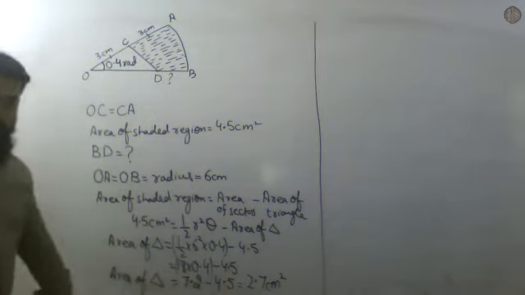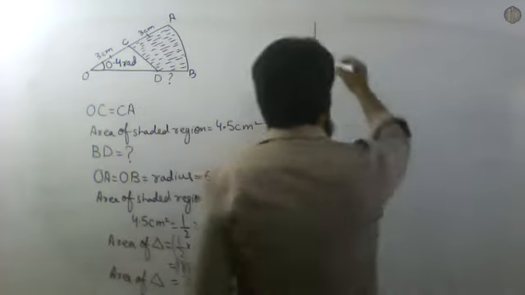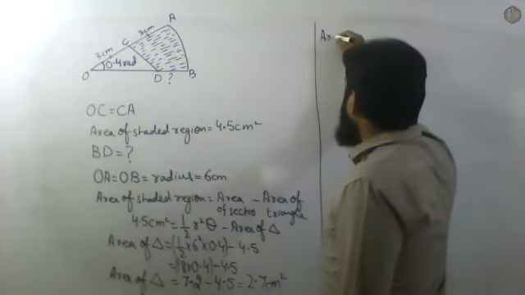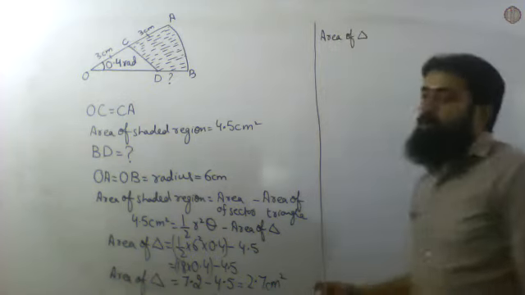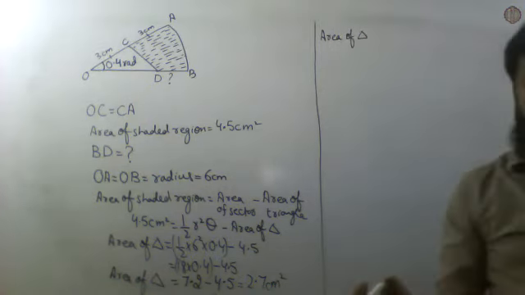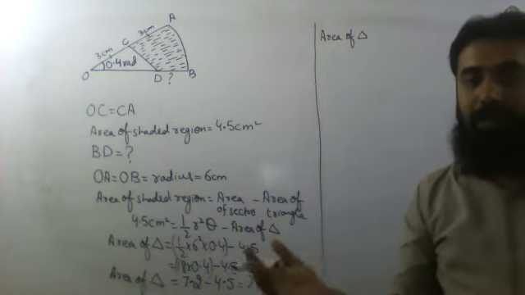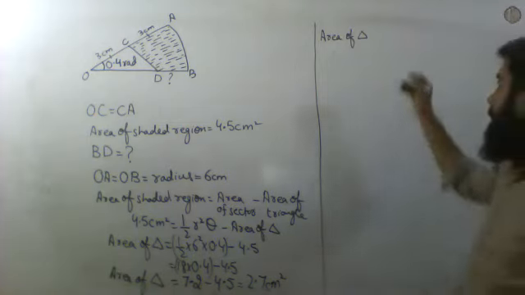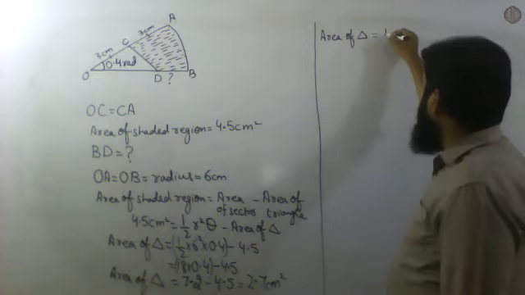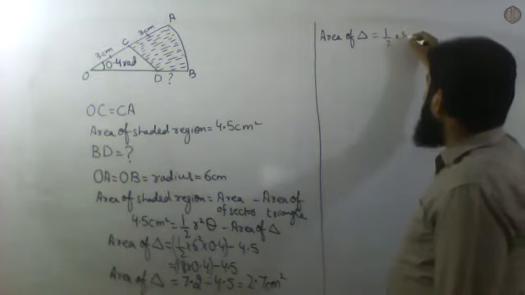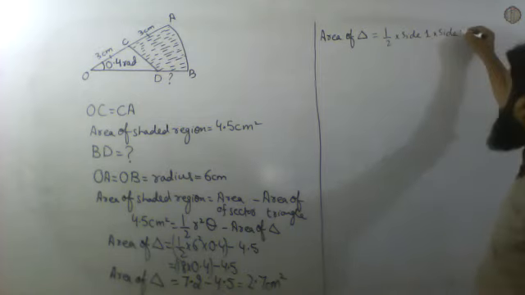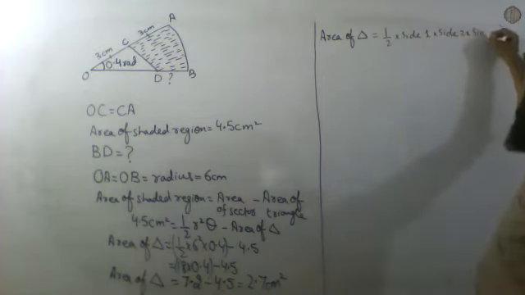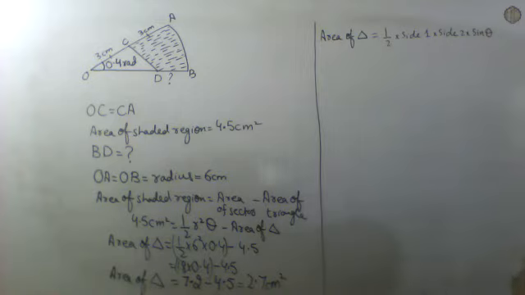Now, for area of triangle, we have got two different formulas. One is applied when you are going to have a right angle triangle. The other one is applicable in any of them. Okay. So the second one is half into side 1 multiplied by side 2 into sine of inclusive angle.